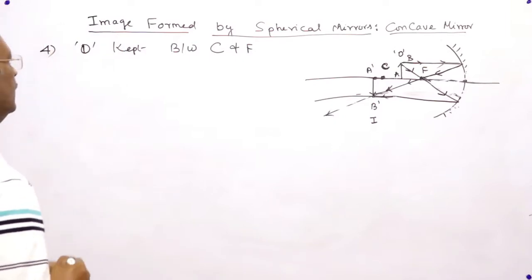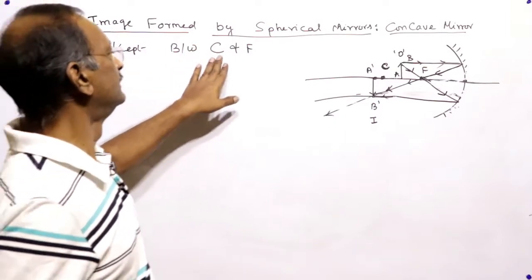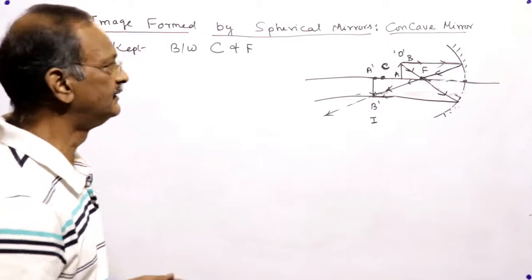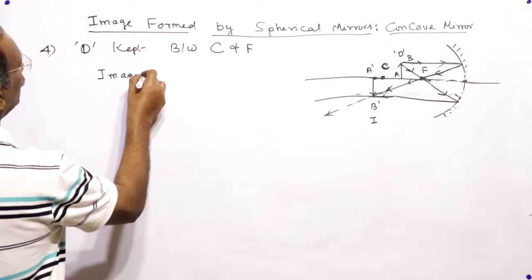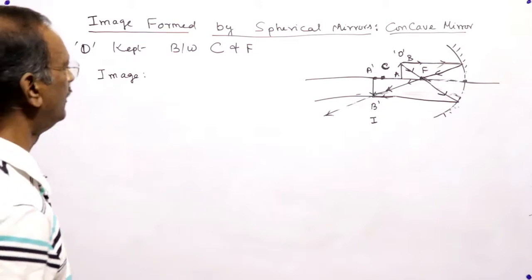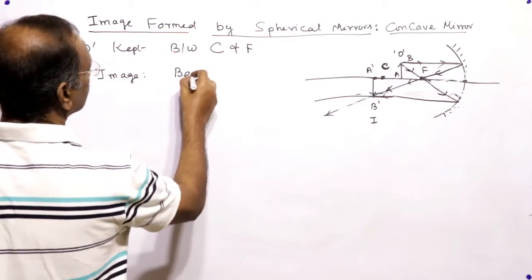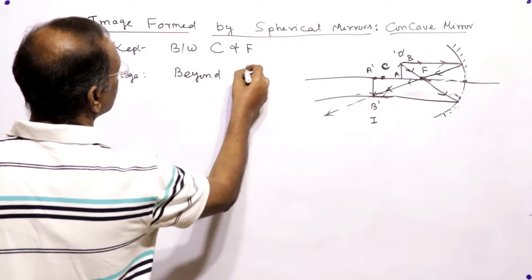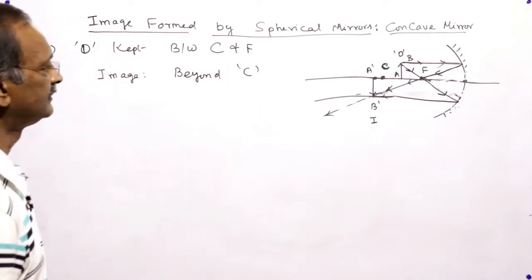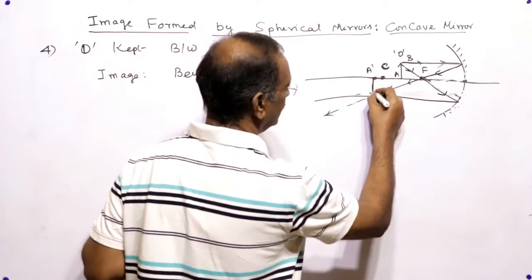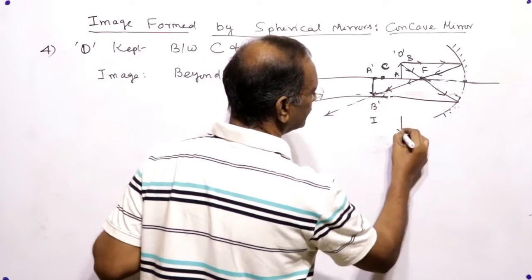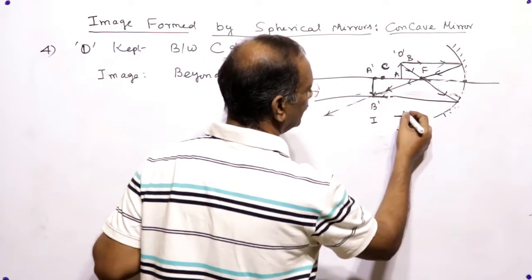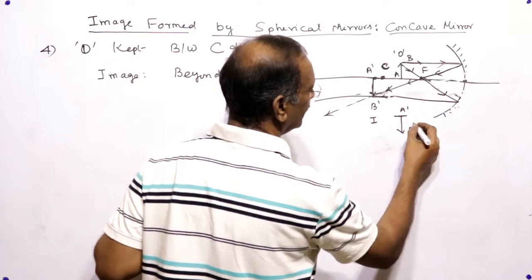So when the object is kept between the center of curvature and the focus, the image is formed beyond the center of curvature. This is the point A dash, B dash.